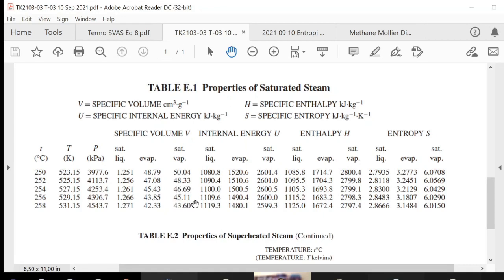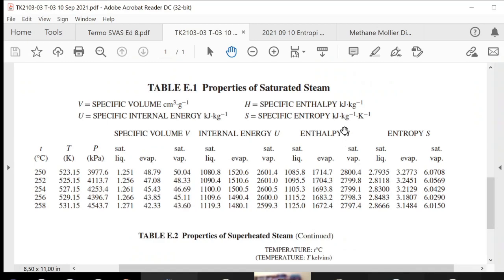What is the volume? The volume is 45, the same 1 kilogram of water. This is water vapor, this is water liquid. So 1.2 cubic centimeter, that is 1 kilogram of liquid, it will expand into 45 cubic centimeter of water vapor.